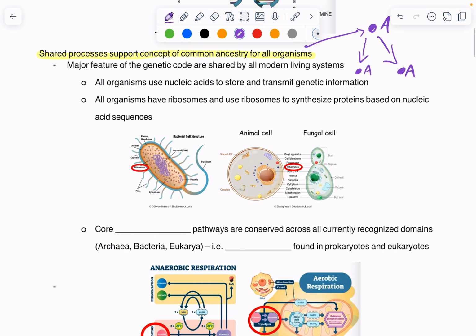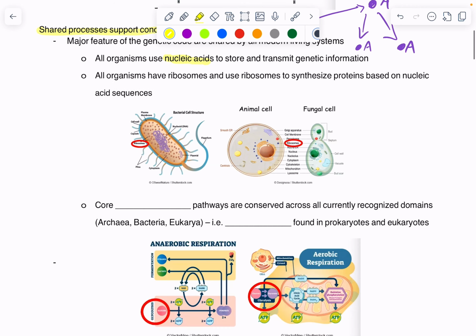Some of that idea is that all organisms use nucleic acids to store and transmit genetic information. The fact that all of life shares DNA with each other is probably our biggest piece of evidence that all life shares a common ancestor at some point. We also have that all organisms share ribosomes, and they use ribosomes to make proteins.